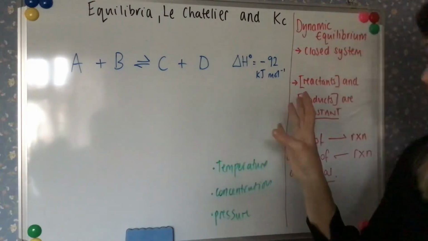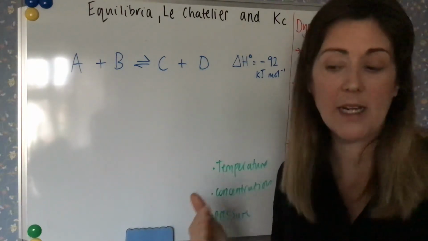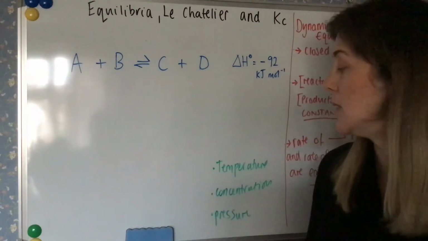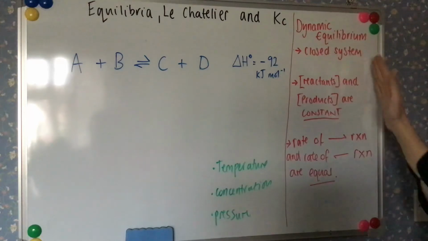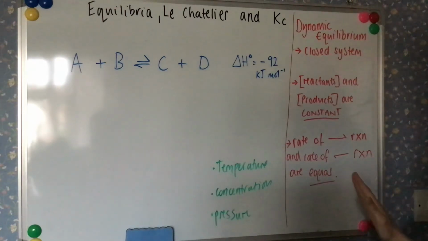And if it's a reaction involving solutions, that none is able to leak out anywhere, so your containers are suitable. So three things: closed system, the concentration of the reactants and the concentration of the products are constant, and the rate of the forward reaction equals the rate of the backwards reaction.